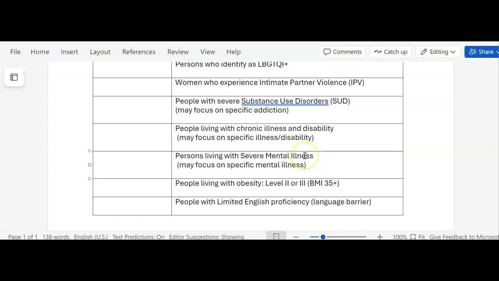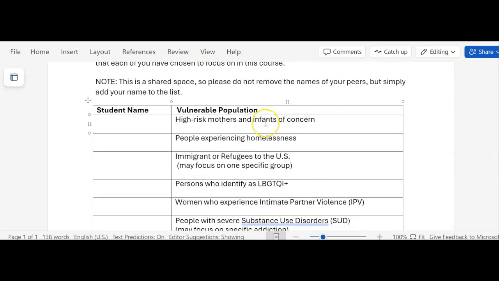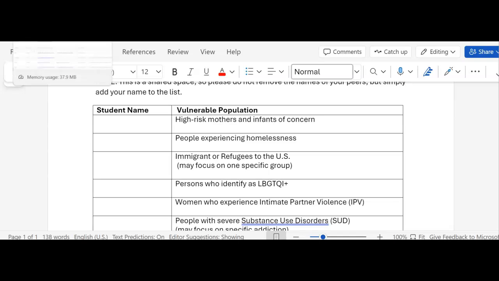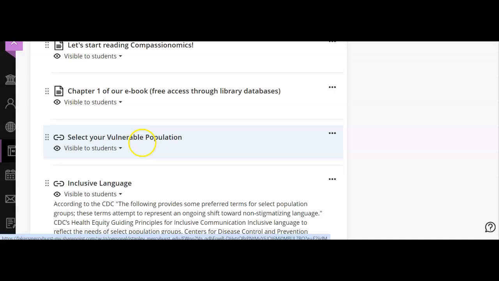Same with severe mental illness, and those living with obesity, limited English proficiency, high-risk moms and infants of concern, homelessness, immigrants or refugees. You can focus on one specific group because they are actually considered two separate groups with different definitions. So if I can, I'll close out of that document. Sorry, one second. So just sign up for one.